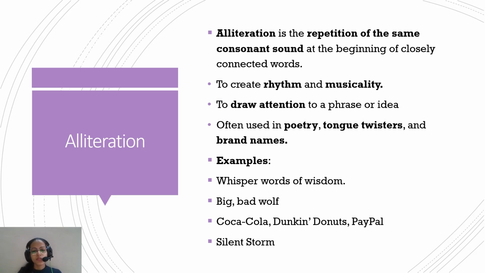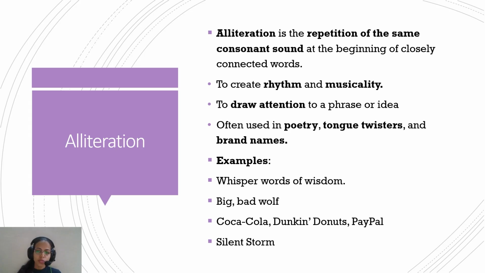So for example, whisper words of wisdom. So here, W, W, W, the consonant W has been repeated. So it should always be the first letter of the word. Big bad wolf. So big bad, not the W wolf, but big bad. Similarly, Coca Cola. It's easy to remember when the CC alliteration is present, or Dunkin' Donuts, PayPal.